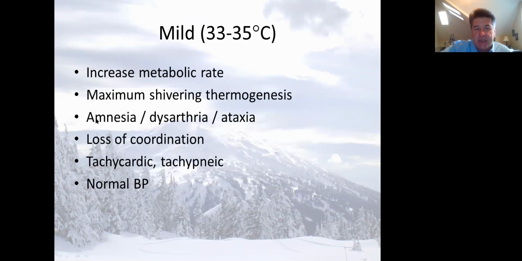What is interesting is the amnesia, dysarthria, and ataxia. Along with cold, you start to get confusion. And one of the things that I won't necessarily touch on, but it has happened in the past, is that sometimes victims of hypothermia are found outside without any clothes on.